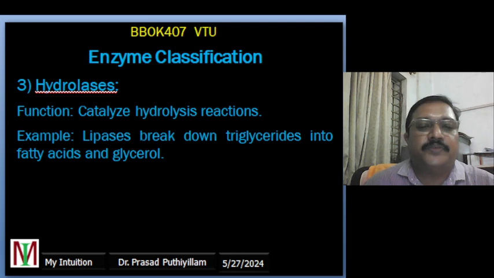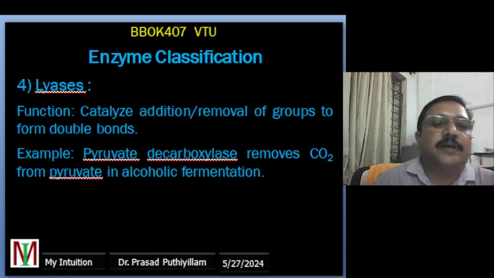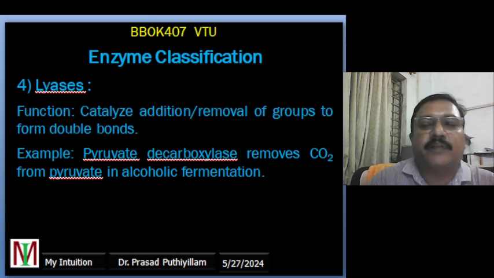Okay, then next one, that is lyases. The function of lyases is the removal of some groups from double bonds, or addition of groups to the double bonds. Unsaturated molecules are double bonded molecules.